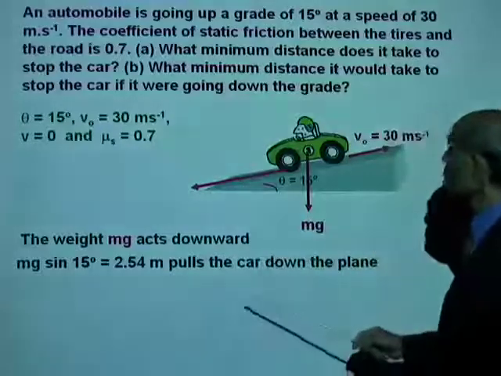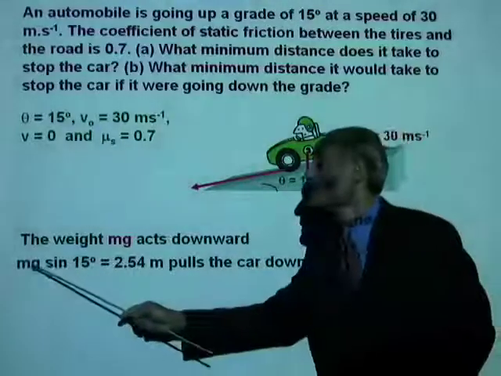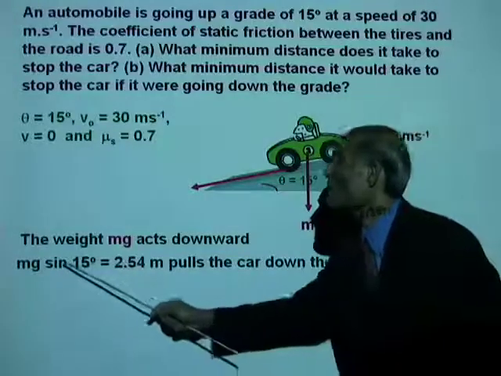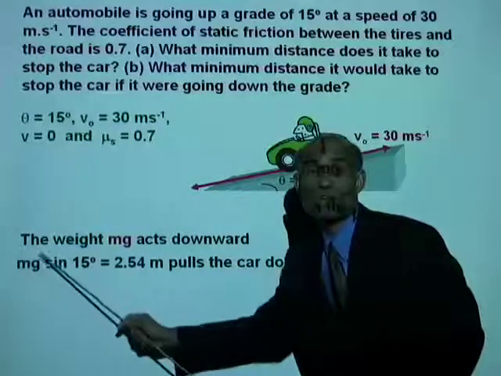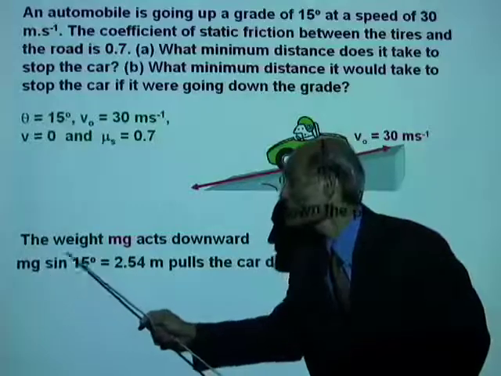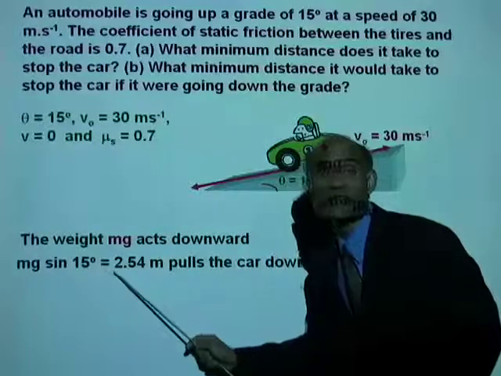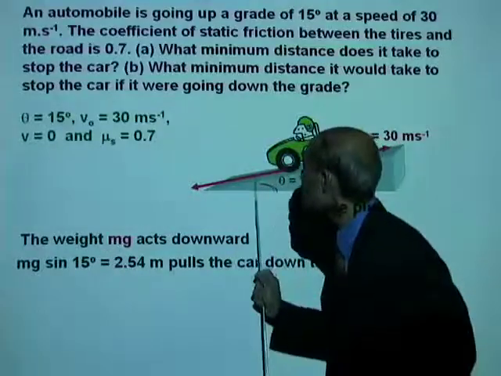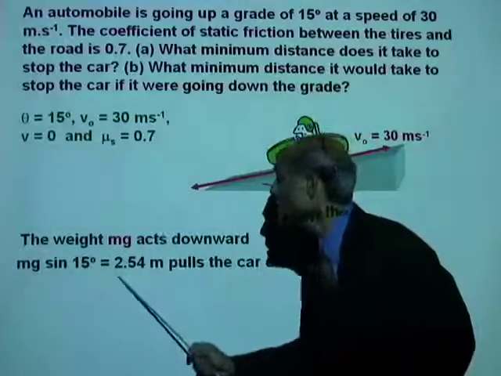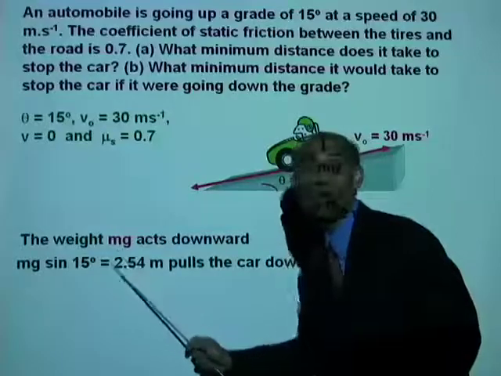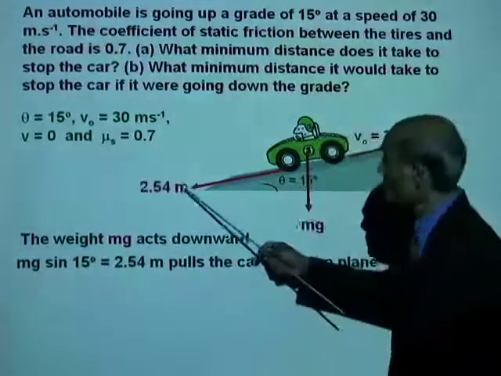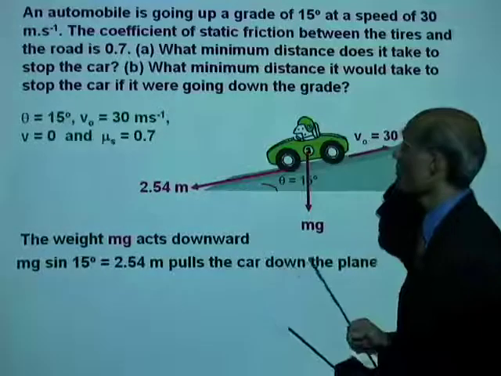So what is the force pulling the car down the plane? We don't know the mass of the car, but g sine 15 degrees is 2.54. So the force that is pulling the car down the plane is 2.54 m, where m is the mass of the car.